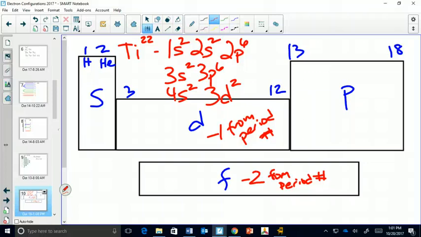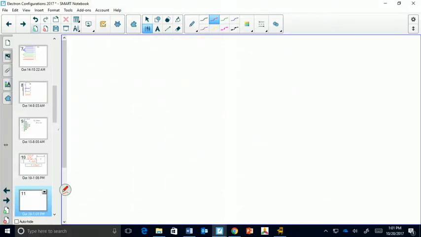Some of you are giving good head nods. Others of you are like, Mr. Hess, you're talking Greek. Try one. I'm going to give you one. Let's try antimony. Antimony is number 51, symbol Sb. You give it a try. We're running out of time, about 3 minutes left.